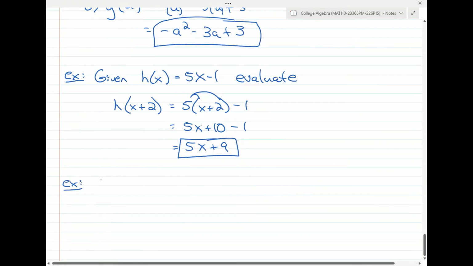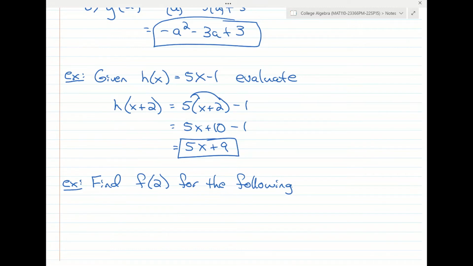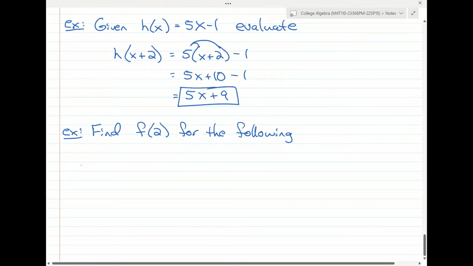Something like this. I said, find f of 2 for the following. What if I told you function f of x, or just f, is equal to 2 comma 6 and 4 comma 2?